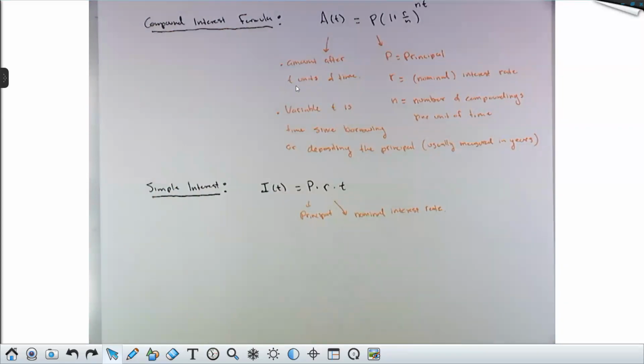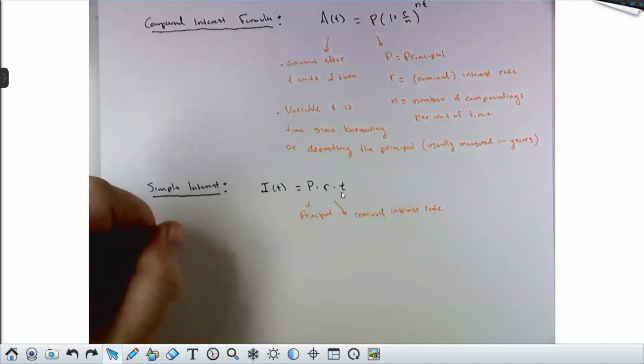So here's what compound interest is. Compound interest is what you get when you use the simple interest formula, but you check in regularly to see how much you owe.